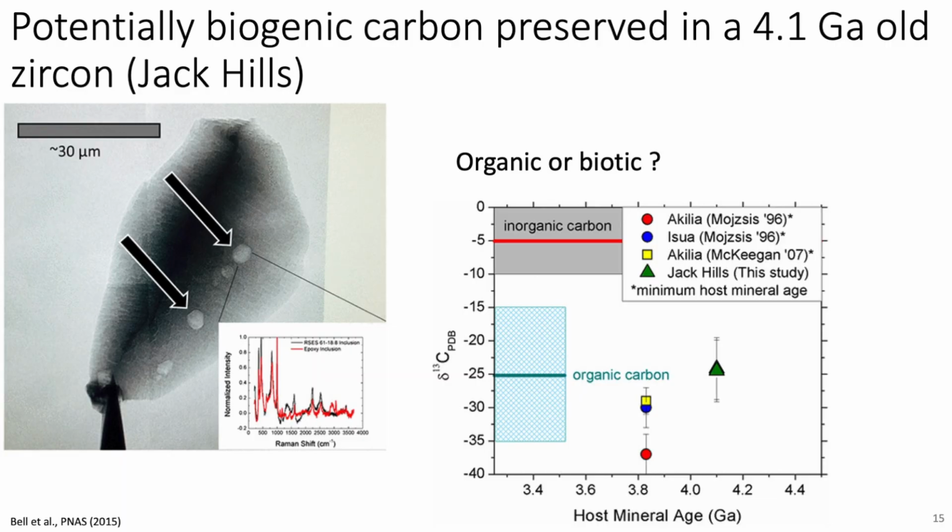When looking at the heavy carbon anomaly compared to the PDB as a function of age for a number of zircons or rocks a little younger, we won't go into the details, but there is a general trend. Life doesn't like the heavy carbon at all. It strongly prefers the light one, the carbon-12, the light isotope.